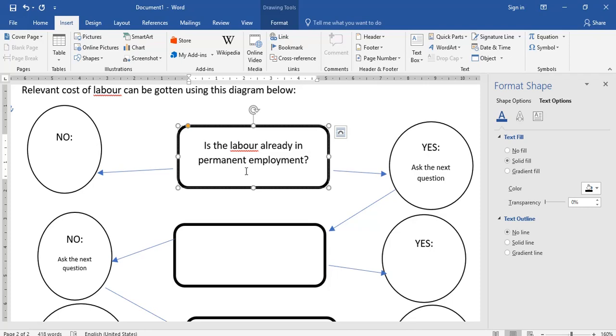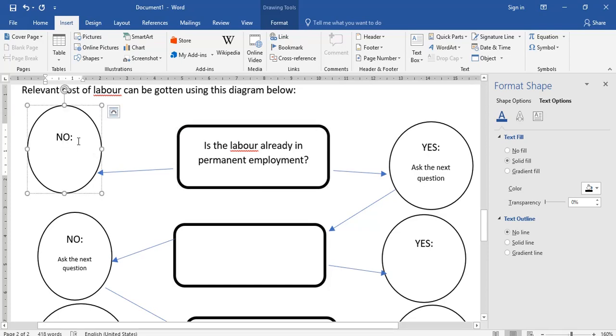So if they are not in employment already and the job requires that you employ them, you employ them and pay the hourly or piecemeal wage.